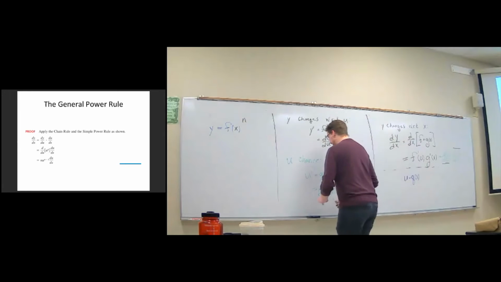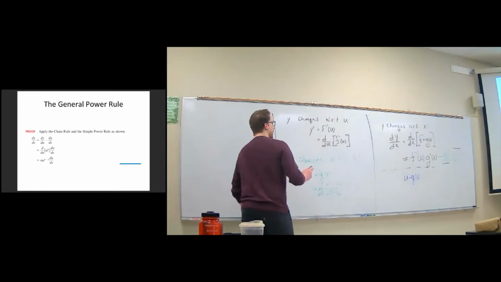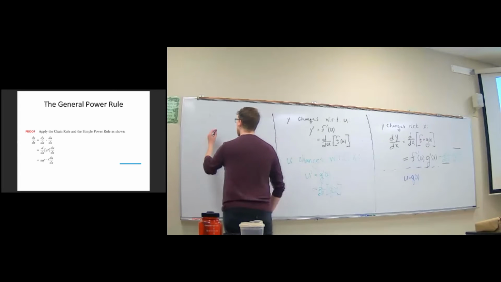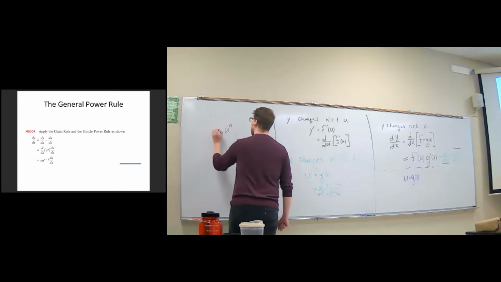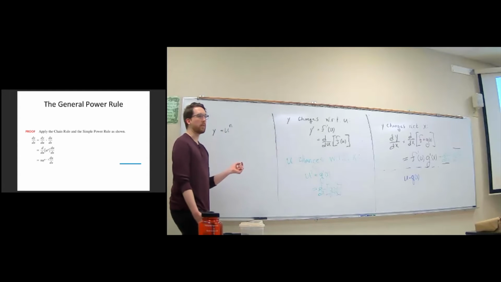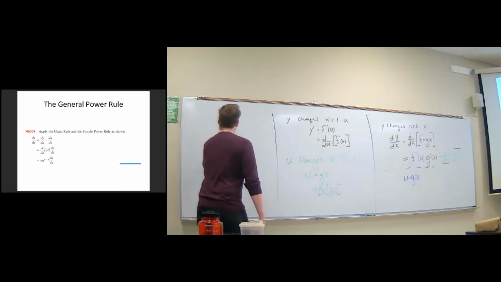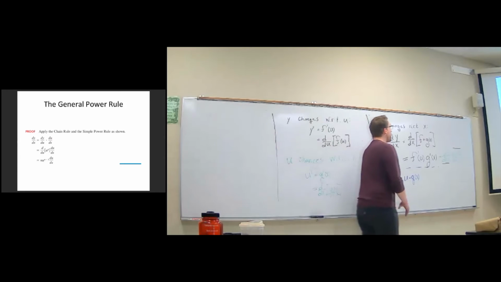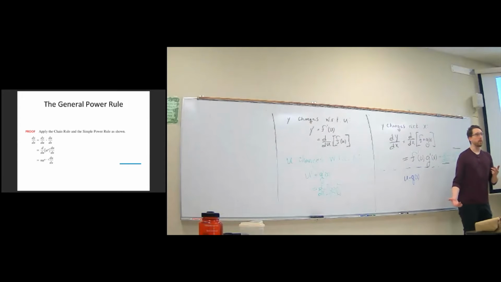We can also think of this as u raised to the nth power, where u is a function of x. So, looking at the more general chain rule, we've got dy/dx is equal to dy/du times du/dx.